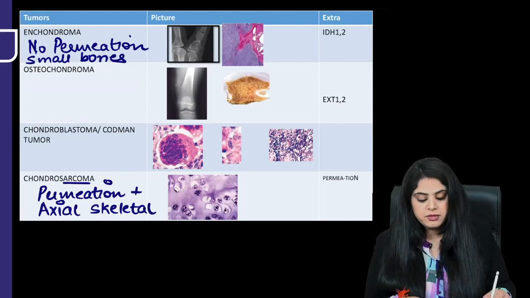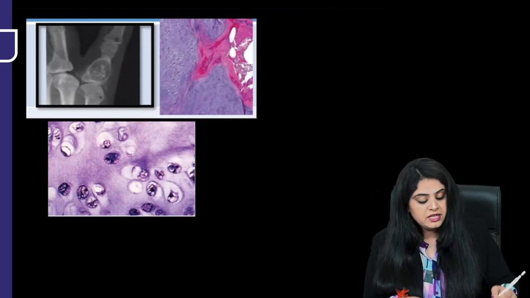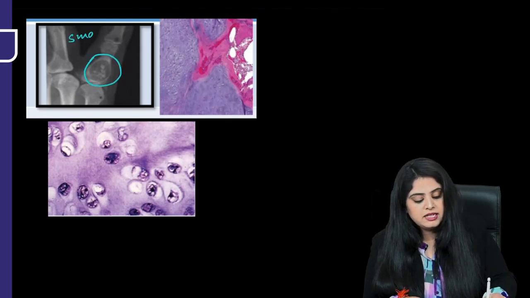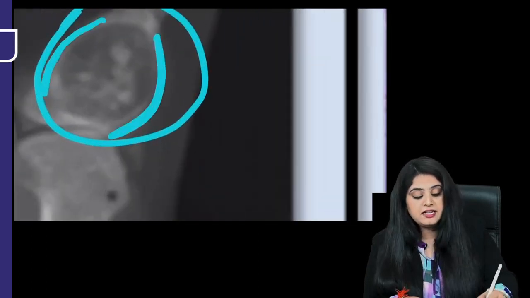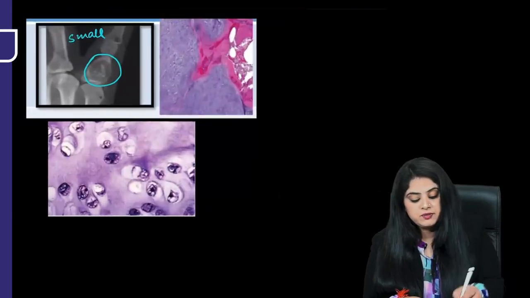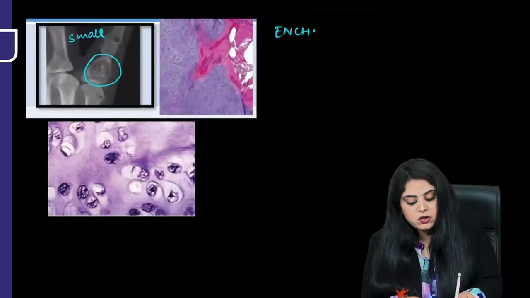So let's have a look at the pictures. Let's try to compare the two. The first picture that I have over here, as I said, small bones, and can you see the cortex is intact. The bone has not broken. From here and from here it is intact. This means there is no permeation. This means this is a case of enchondroma.